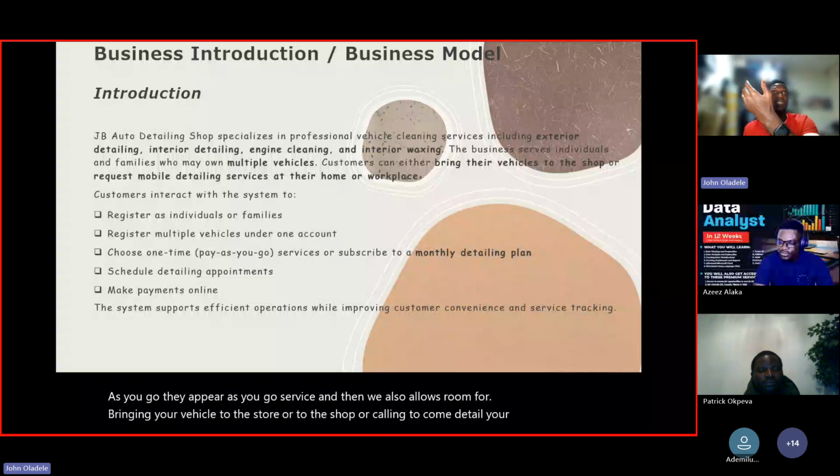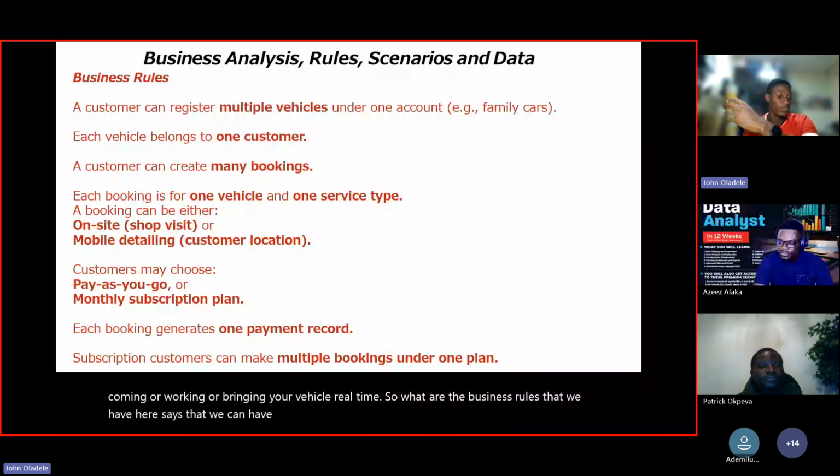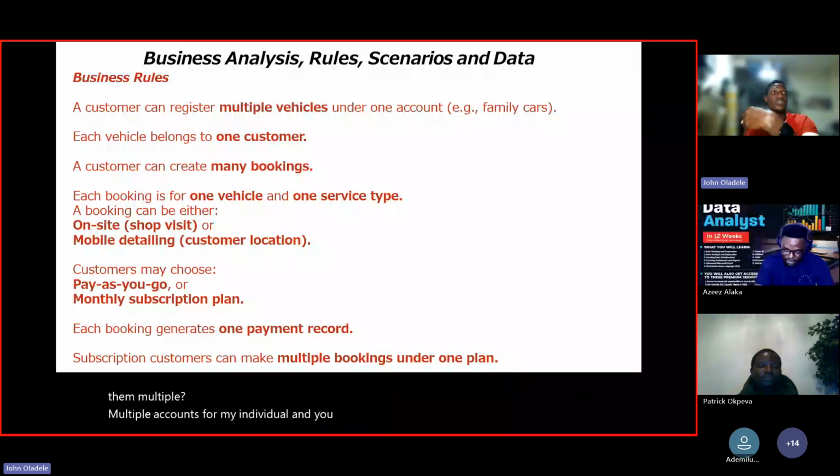It says that we can have multiple vehicles under one account, instead of having multiple accounts for an individual. You can create as many bookings as you want for your different vehicles, and you can also decide what type of service you want.